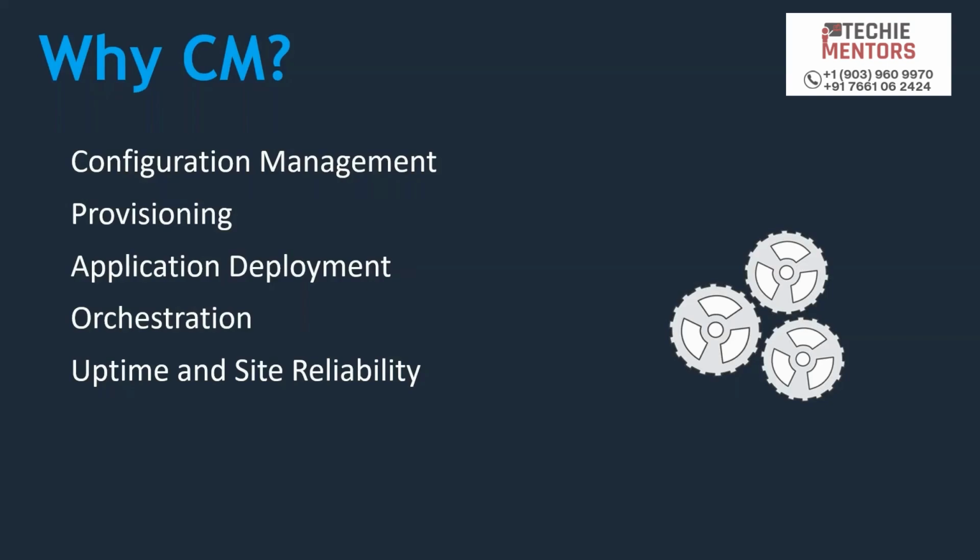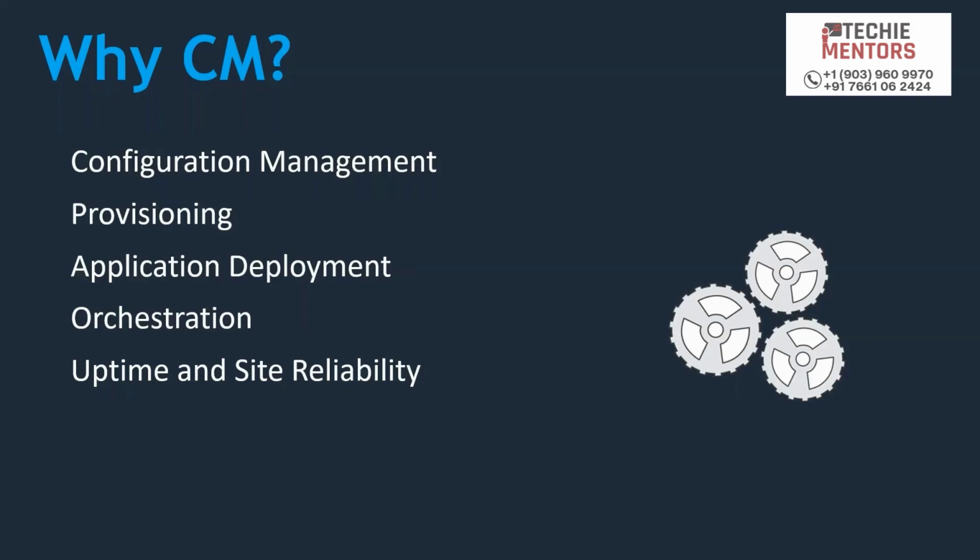So whenever we are using configuration management, we can reduce the outages which happen due to changes. Due to that, it is going to increase the uptime and site reliability, and the trust in that particular application increases.